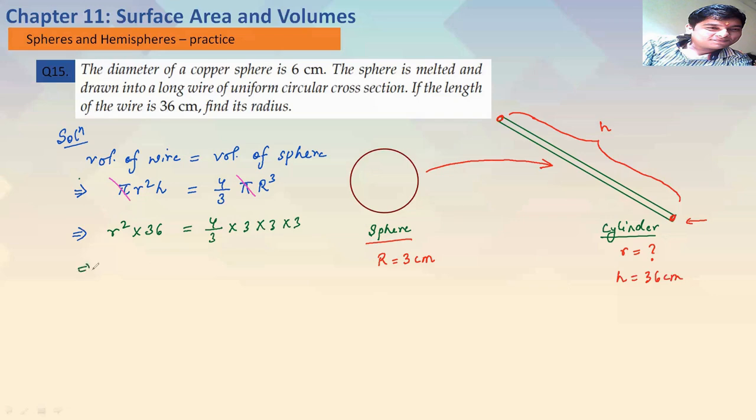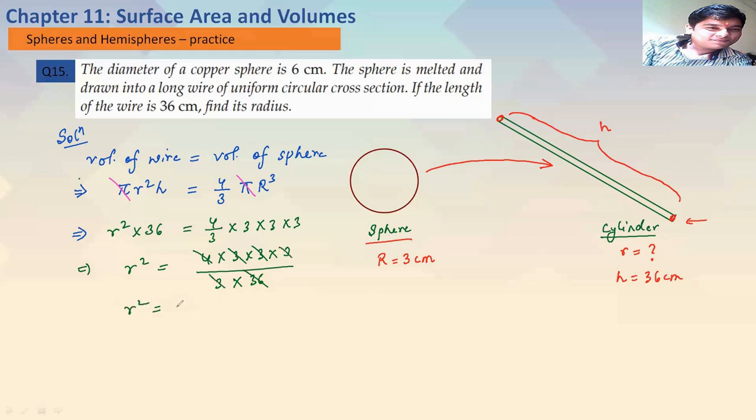Okay, what next? r square equals 4 times 3 times 3 by 36. 4 times 3 is 12, 12 times 3 is 36, finished. 3 3 cancelled.